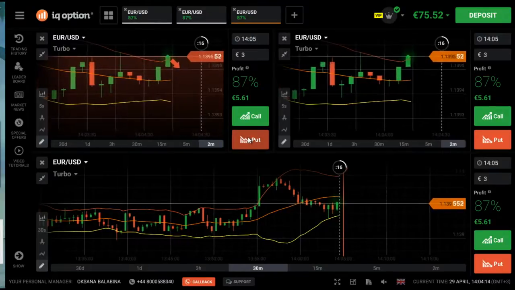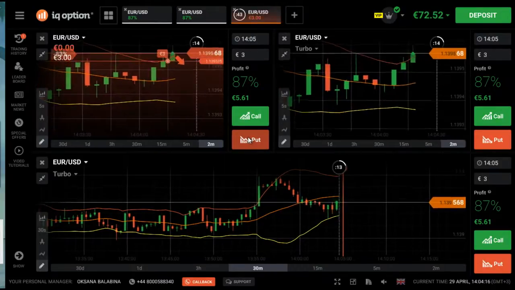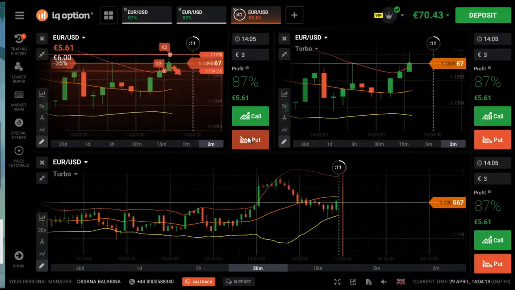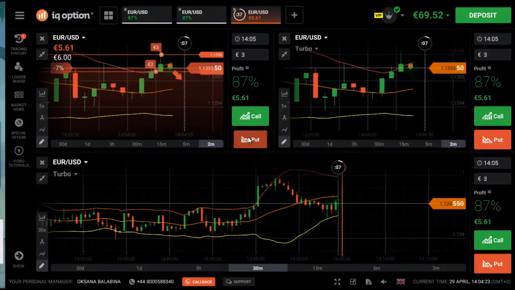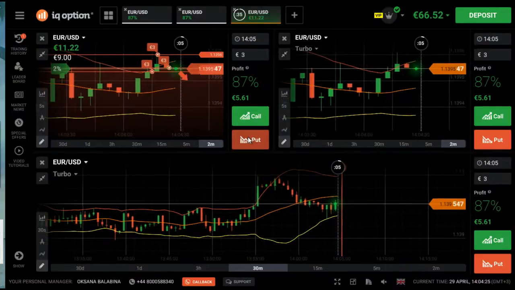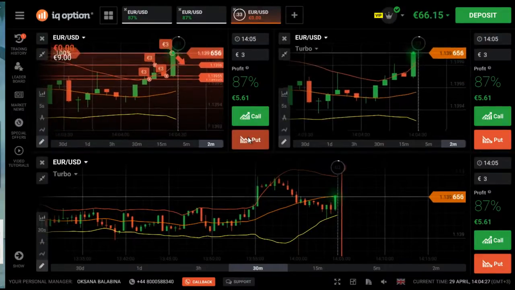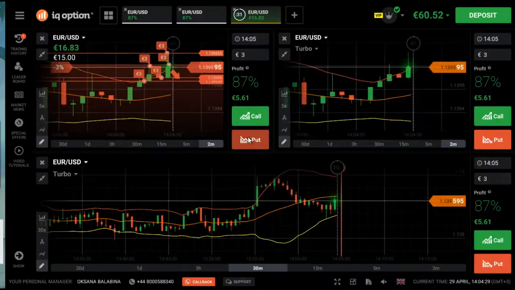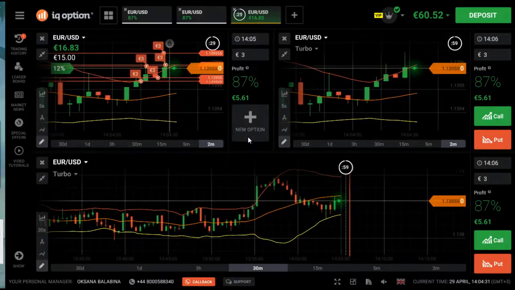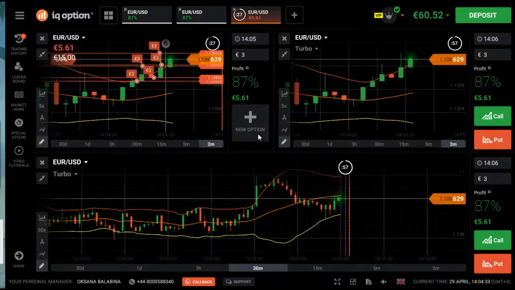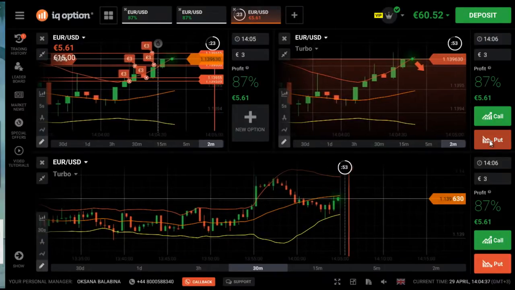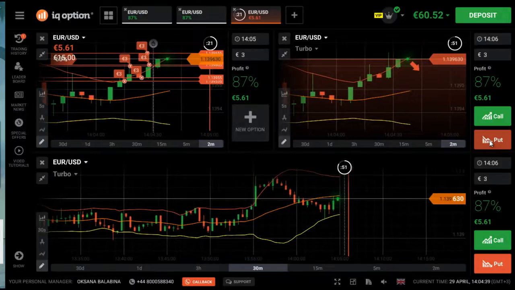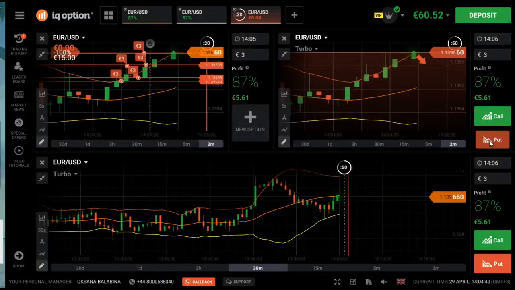I'm just waiting for something. Okay, I go for the reversal on the primary window, because now there's some movement on the candle on the 30-second chart, but this green may still keep growing.